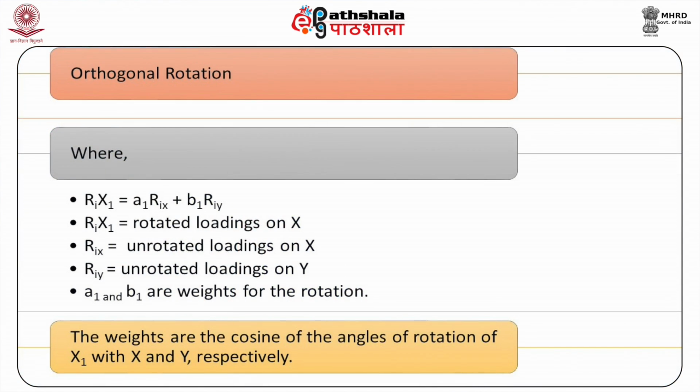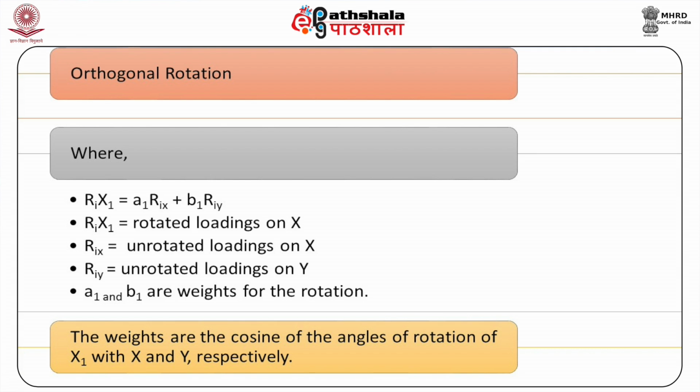The other method to compute the factor loadings of the rotated factor matrix is mathematical. The rotation of factor x can be understood with the following linear equation: Rix1 is equal to A1 Rix plus B1 Riy, where Rix1 are the rotated loadings on x, Rix is unrotated loadings on x, Riy are the unrotated loadings on y, and A1 and B1 are weights for the rotation.